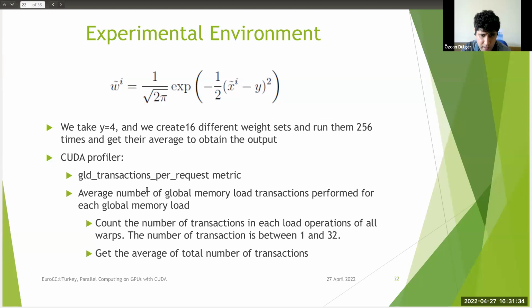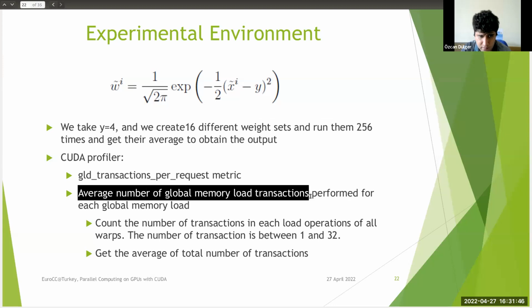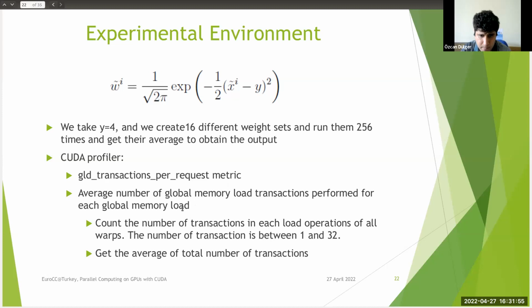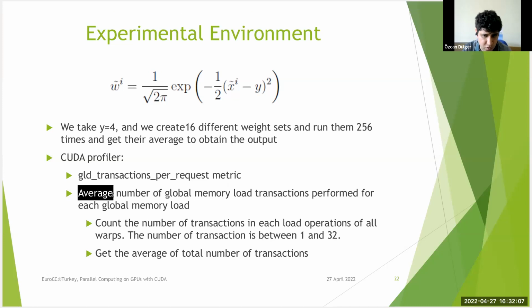This metric gives us the average number of global memory load transactions performed for each global memory load. And this number will be between 1 and 32, as I told you before. At most, 32 transactions can be performed for a warp. So the average number will be between 1 and 32.